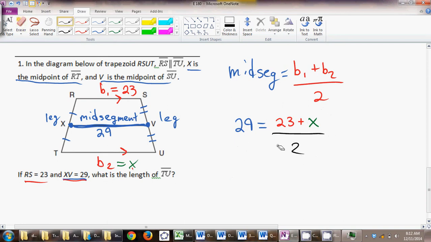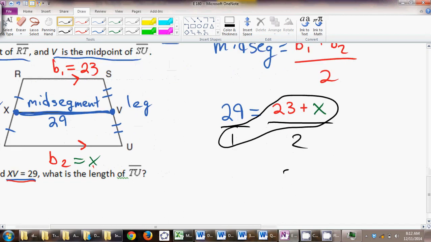All right, well, I don't like a number equal to a fraction, so I'm going to turn this into a fraction. And now I have a proportion. I can cross multiply to undo that. 1 times 23 plus X is just 23 plus X. And 2 times 29, well, that's 2 20s, that's 40, plus 2 9s, that's 18, so 58, okay?